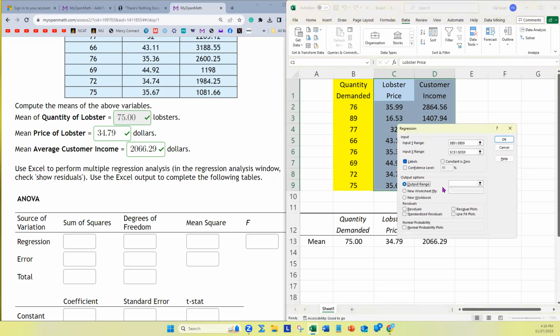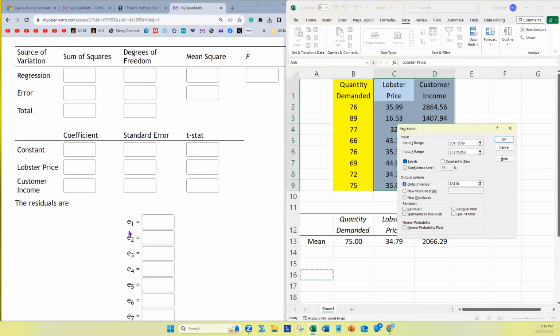After you click on the output range, click on that white area right here, and then click down here. You only need to click on one cell. I don't think we need residuals. Oh, we need residuals. So let's go ahead and click on residuals too.